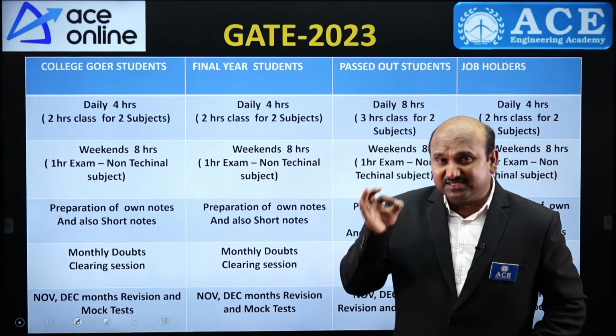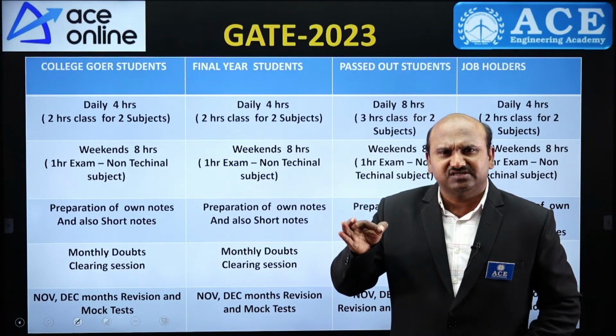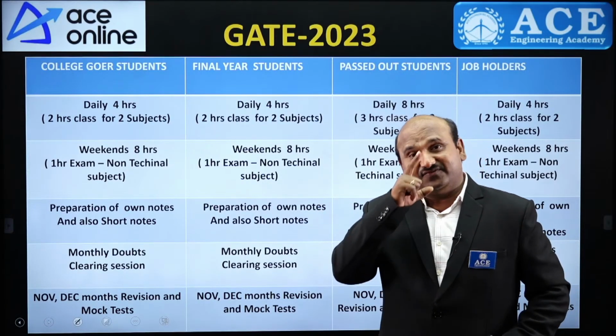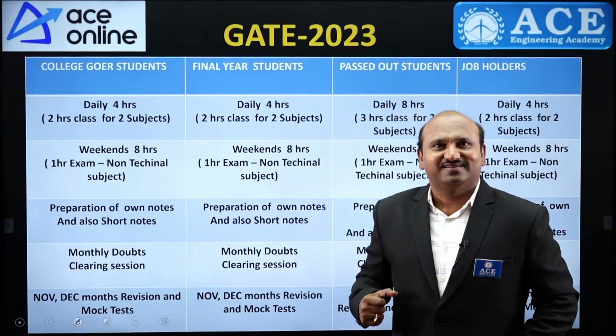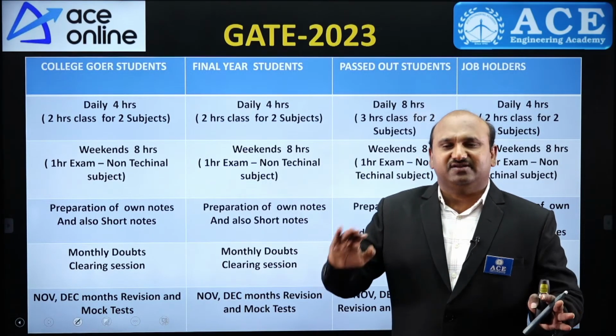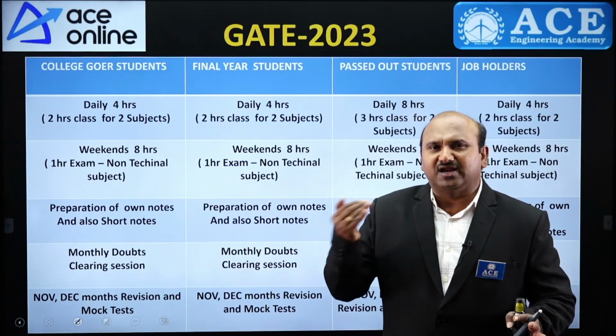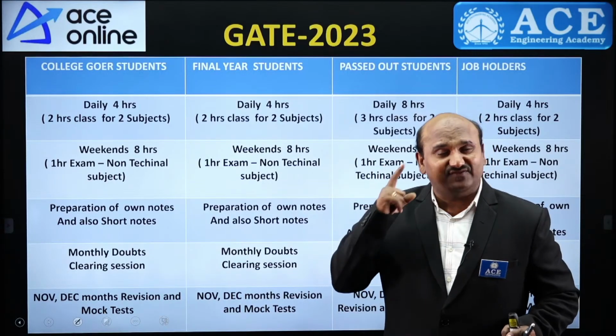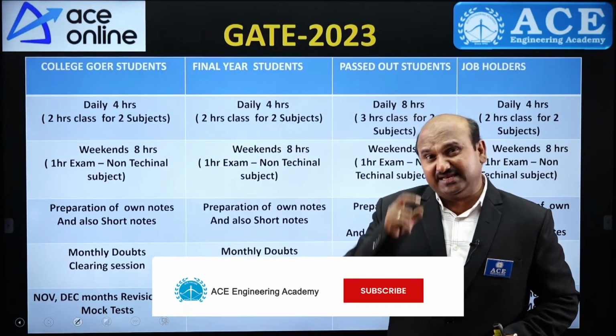Then in November, December, only revision and examinations. Then definitely you will get confidence first of all. In January, grand tests. Then with that you can revise more times. Repeat. When repetition occurs more times, then definitely you will get perfection in any concept.